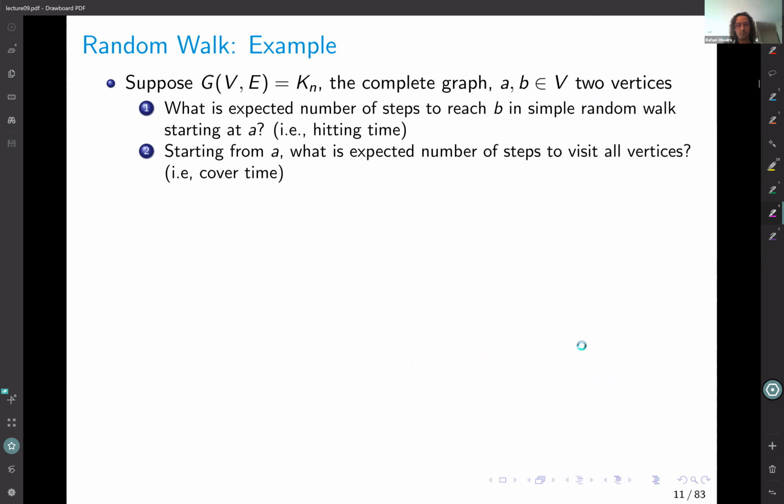And now, starting from A, what is the expected number of steps to visit all the vertices? This is the cover time that we're not going to discuss today. For the sake of time, let me leave that as a practice problem which we can discuss in office hours.